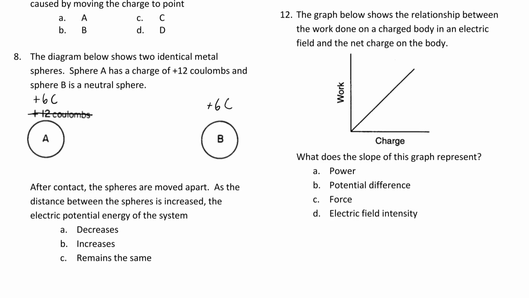They don't want to be close to each other. So if I bring sphere B over here, I'm adding energy into the system. If the spheres move further apart, there's going to be less energy in the system. So as the distance between the spheres increases, as it goes this way, the energy decreases.